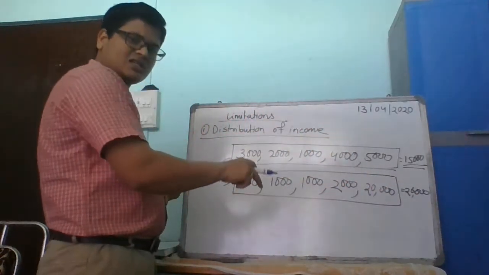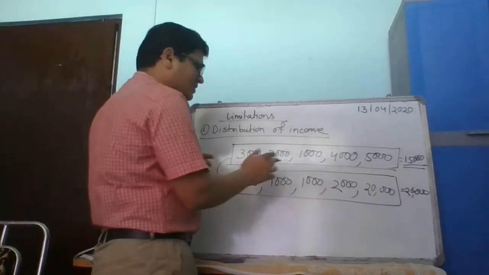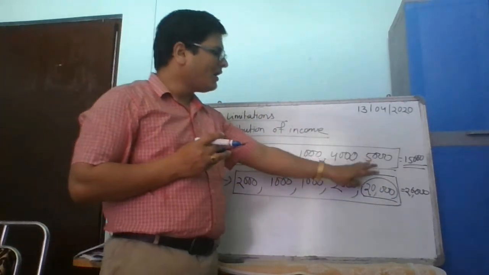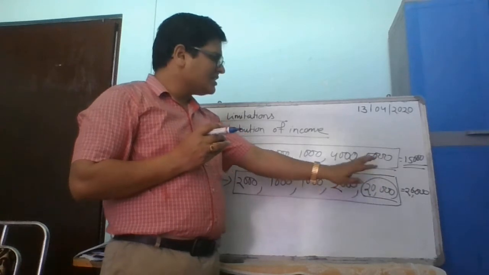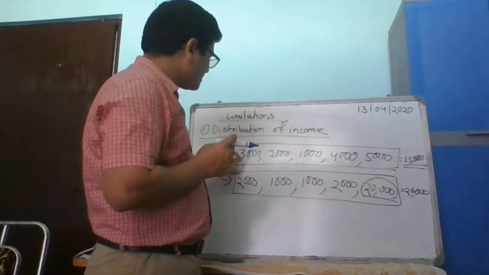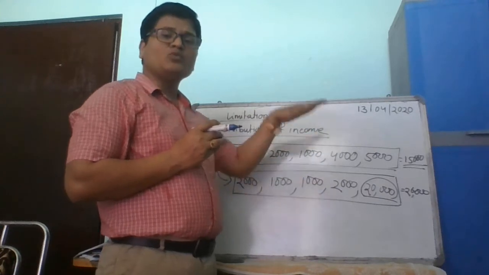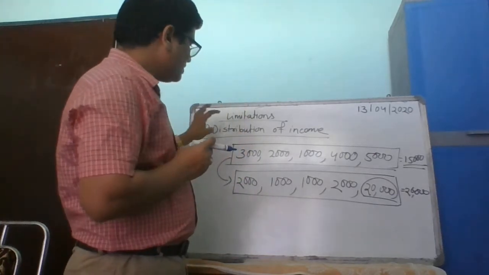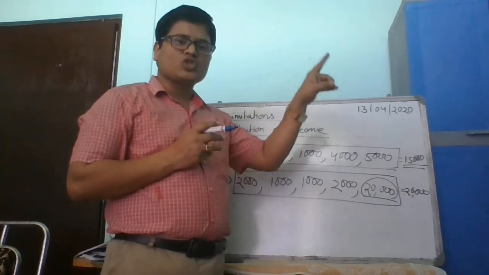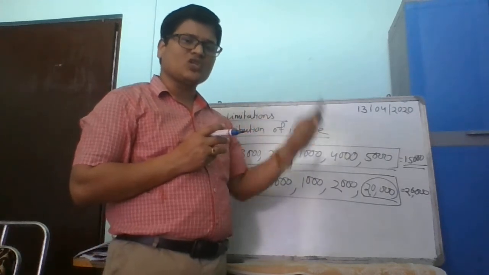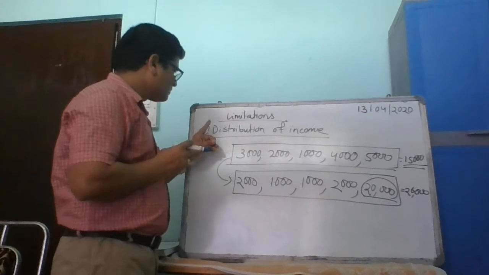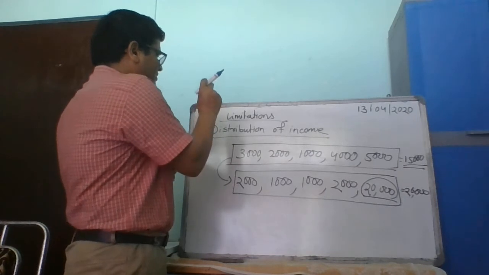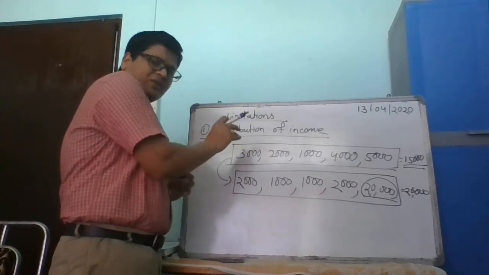Real GDP increases, income increases, but among five individuals, one is going to be richer, while the four are going to be very poor. So unequal distribution of income is a great limitation. That means GDP relates to welfare.